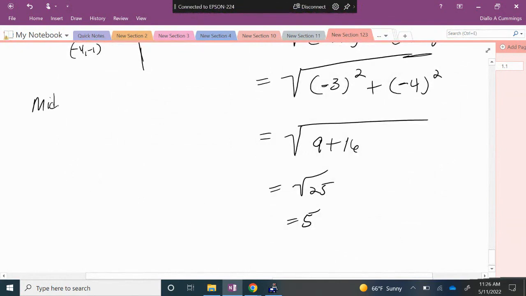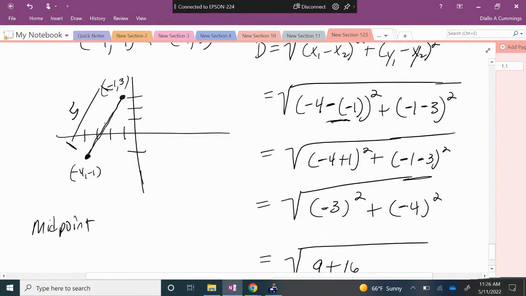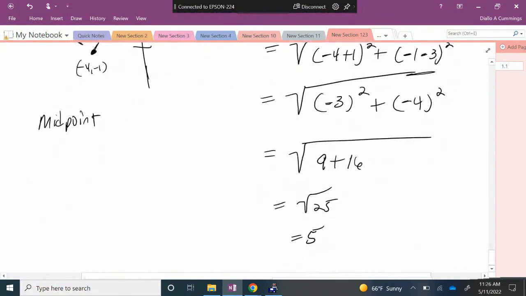For the midpoint, however, the midpoint is going to give us the coordinates for the middle of our line segment. So here's the formula for the midpoint.